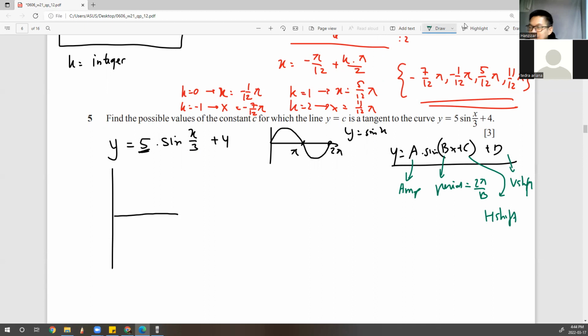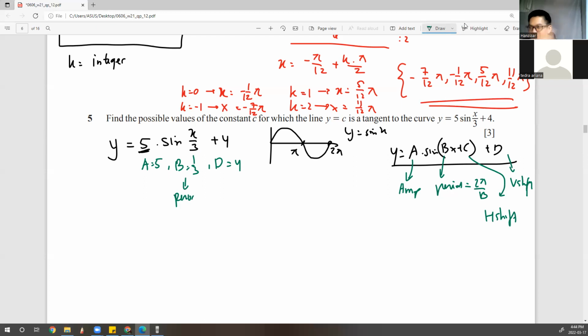Okay, now we have x over 3. So A equals 5, B equals 1 over 3, no C, no horizontal shift, and D equals 4, right? So we know that B equals 1 over 3. So what is the period?